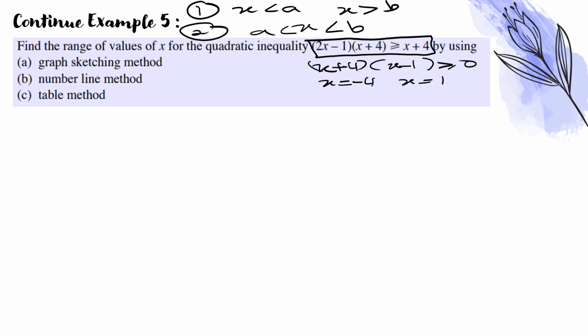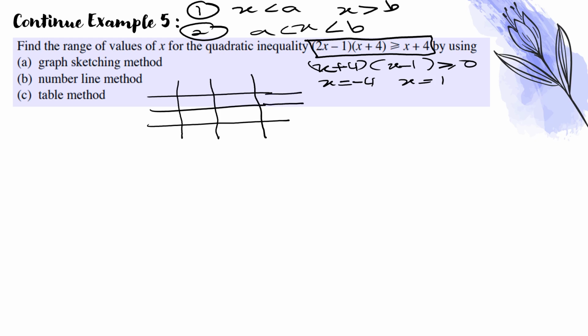You need to draw 3 rows and 4 columns for the table method. 3 rows, 1, 2, 3, and 4 columns. The first column you ignore.